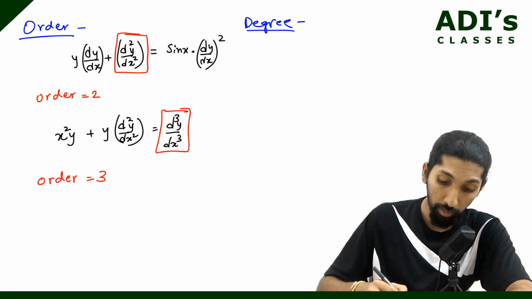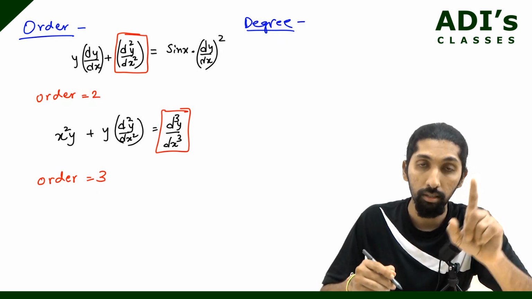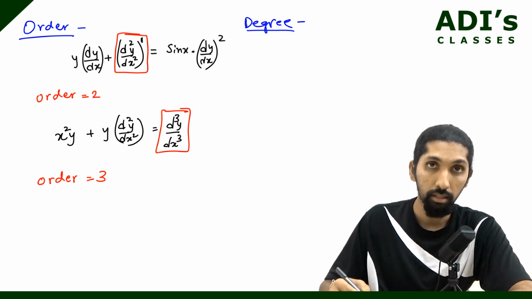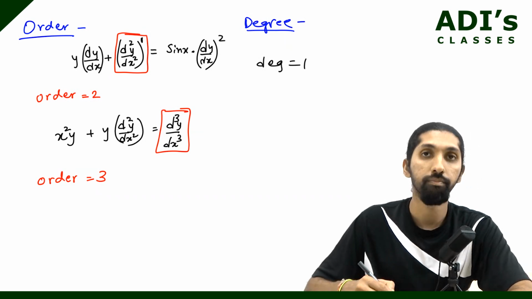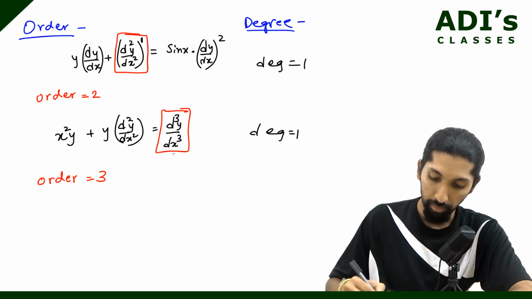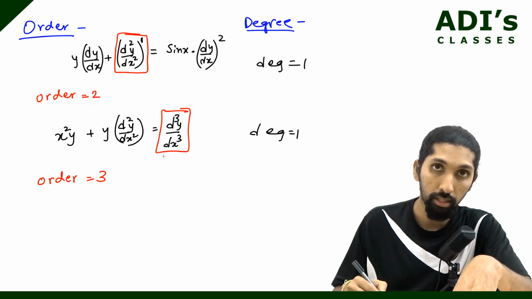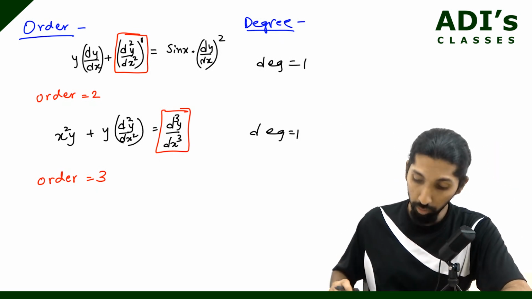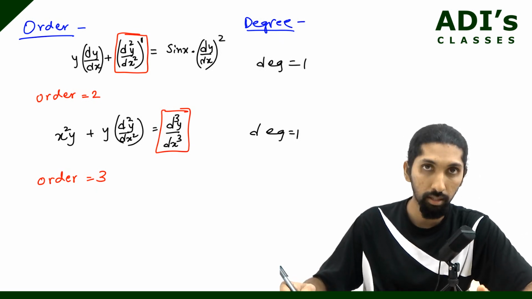What is the power of that particular parameter? 1. That's nothing but this to the power of 1, isn't it? So in this case, the degree becomes 1. Even in the next case, degree is 1 only, because the highest order is d cube y by dx cube. For that, what is the power? 1, right?